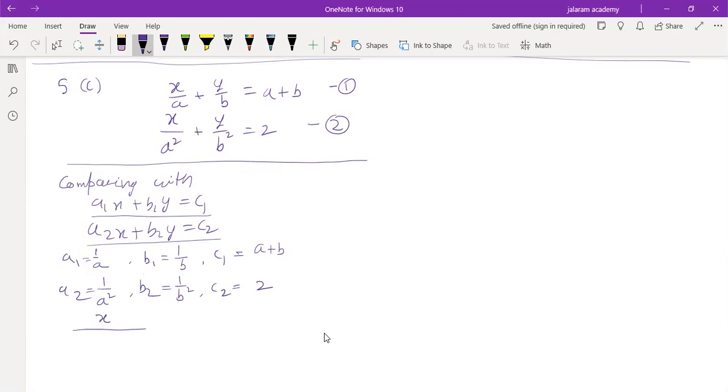It is what? b1, b2. Okay. Next column is c1, c2.